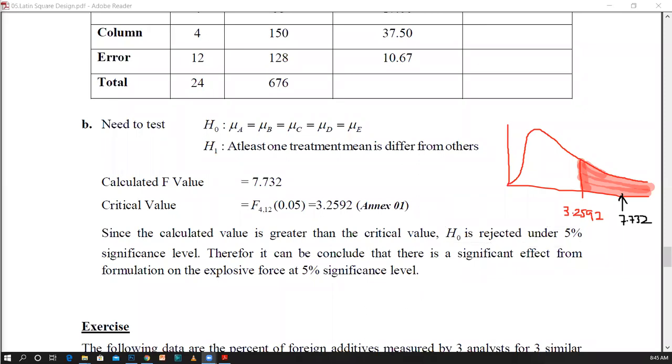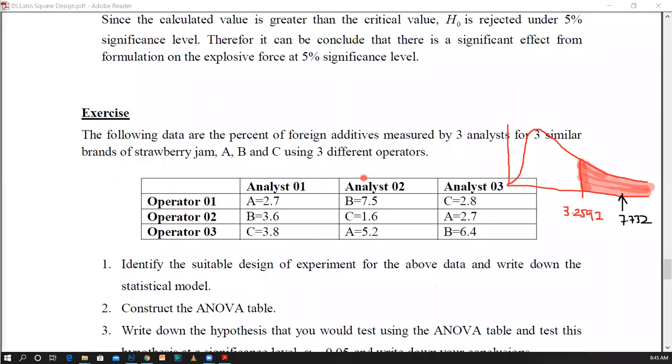And this is one exercise that you can try. In this exercise, there were three analysts and three operators, and these are just the foreign additives. It is for the brands of jam.